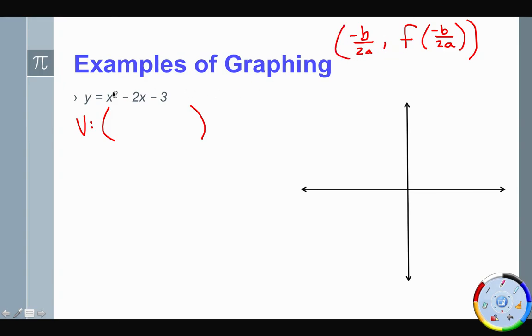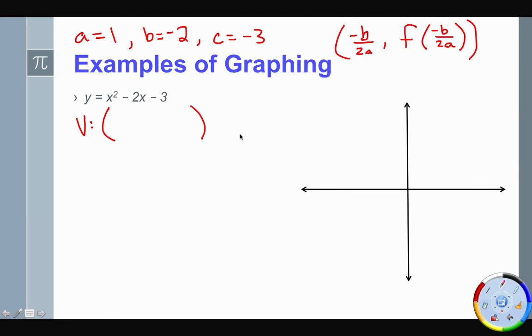So in this particular case, you need to remember what is a. In this case, a is 1. B is the number in front of the x, which is a negative 2. And C is negative 3.